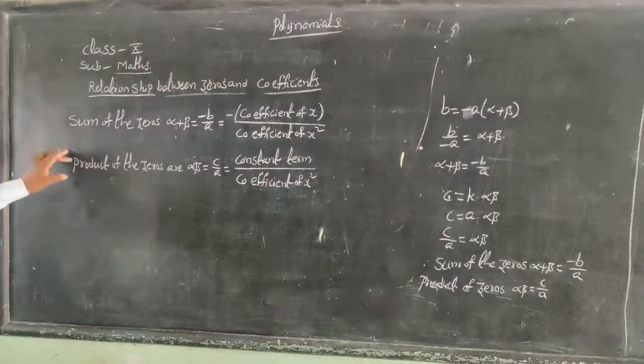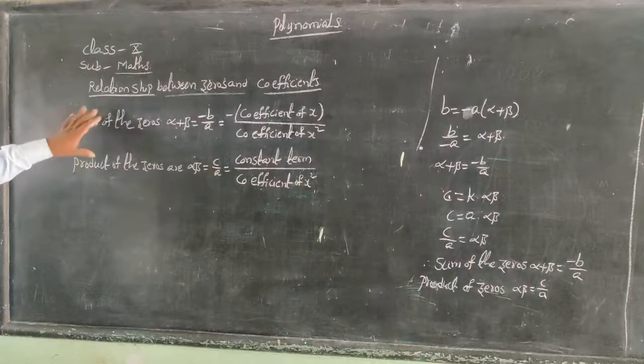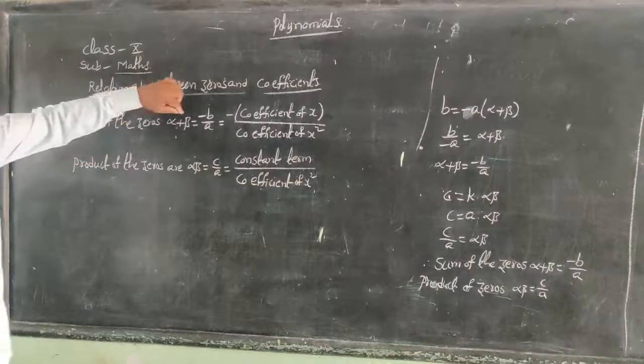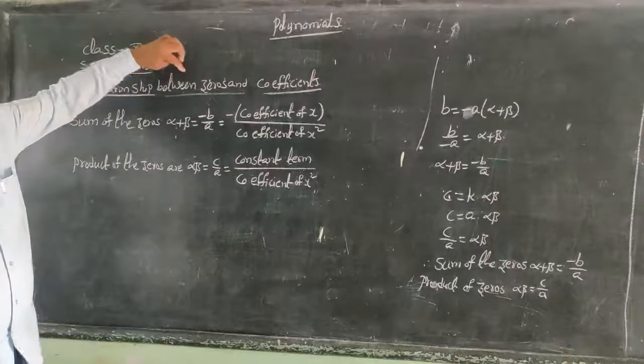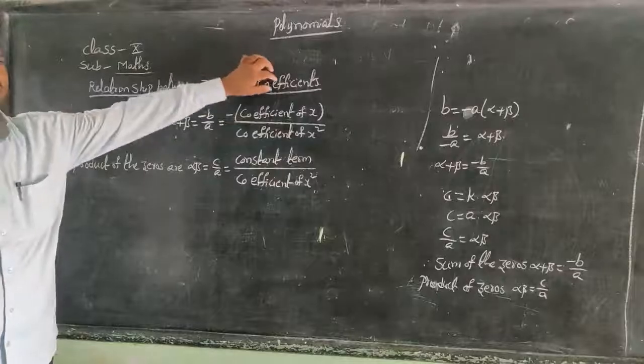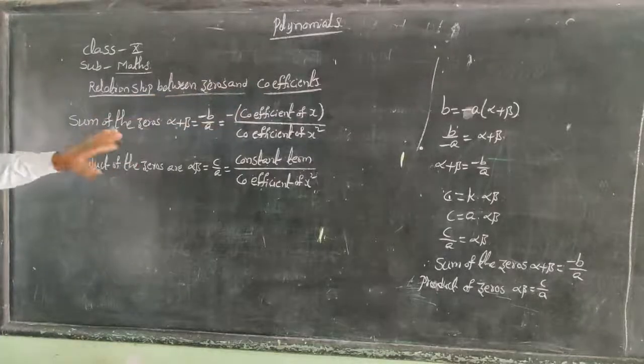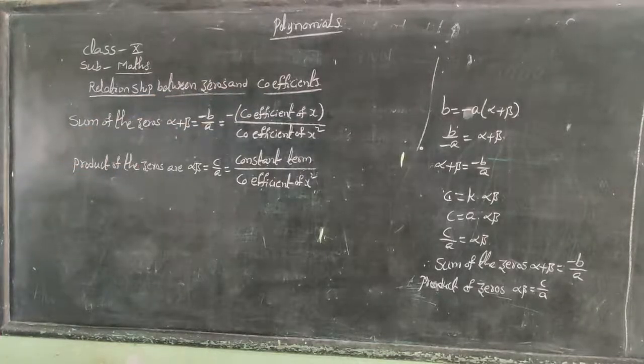This is the relationship between the sum of zeros and product of zeros and the coefficients.